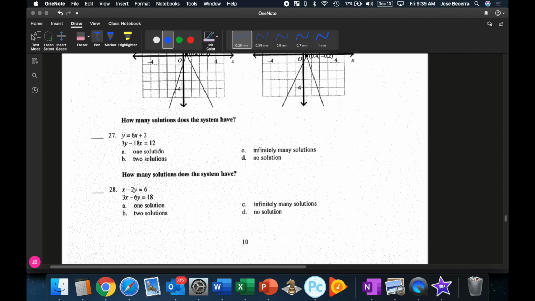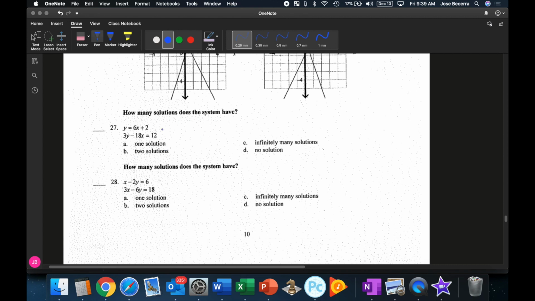How many solutions does the system have? We did this one already. Okay, so this one, remember, we did substitution. So we substituted 3 times 6x plus 2.